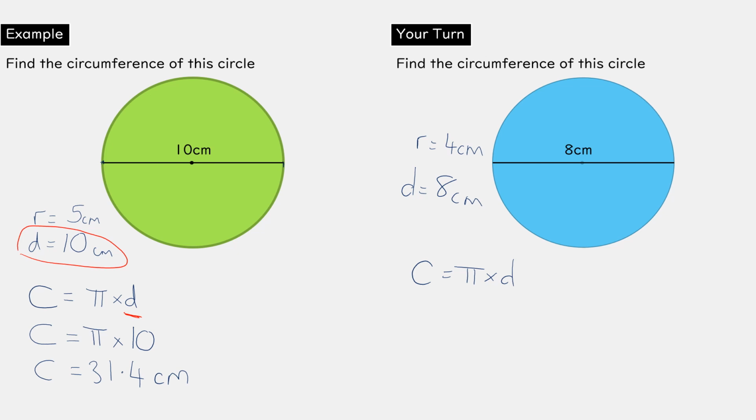The diameter is 8 centimeters, so I'm going to write circumference equals pi times 8 instead of the D. From this point, we're going to put it into our calculator, so remember you're going to put pi if you've got a calculator, or you're going to put 3.14 if you're using your phone. That gives us an answer of 25.12, and that again is centimeters. The diameter is in centimeters, so the circumference, which is the length, is also going to be in centimeters.